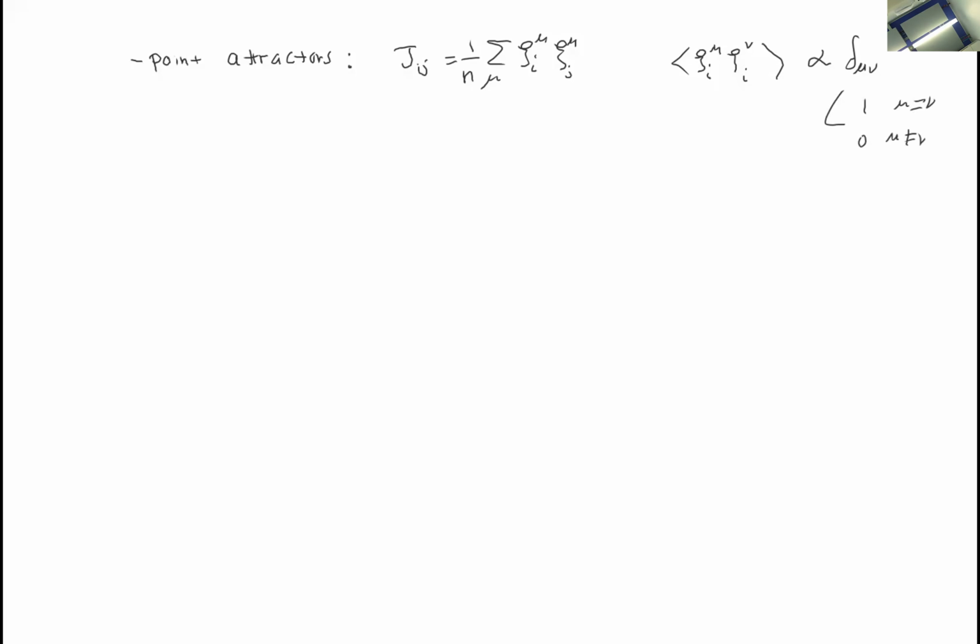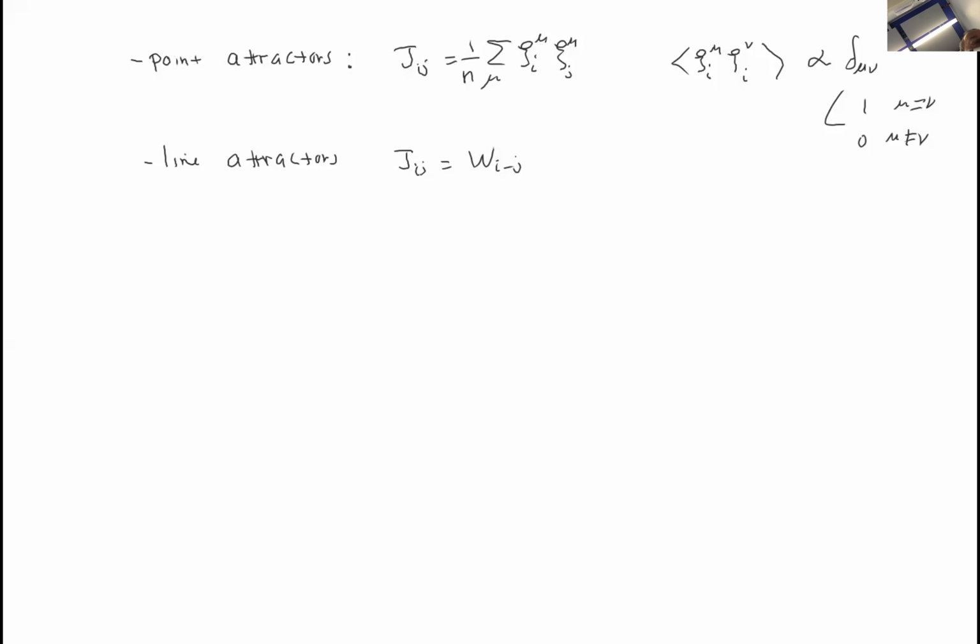So we had a bunch of patterns. These are approximately uncorrelated. Then we looked at line attractors, for which J_ij equals W_{i minus j}. So we saw that this gave us N point attractors, which would be called a line attractor without thinking too much.